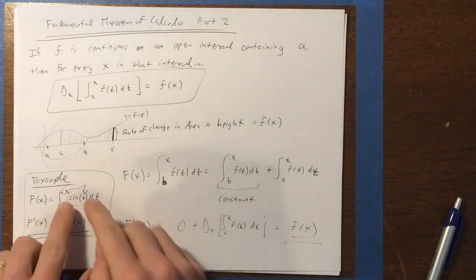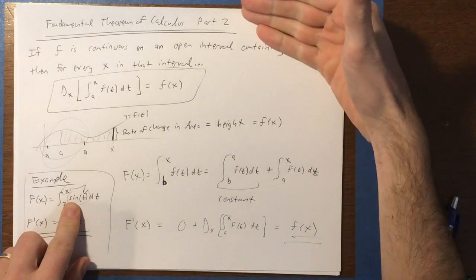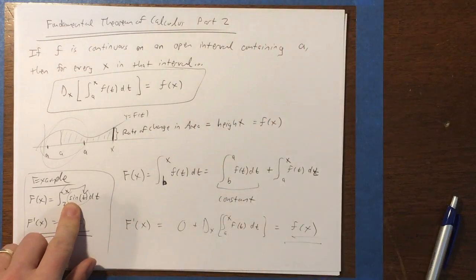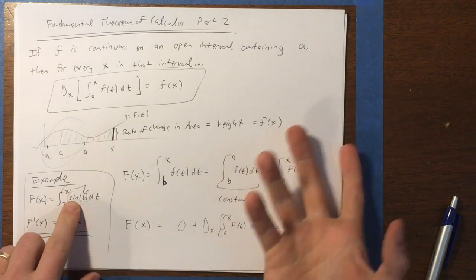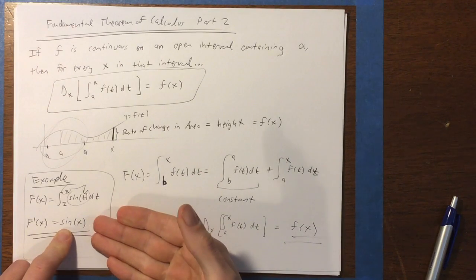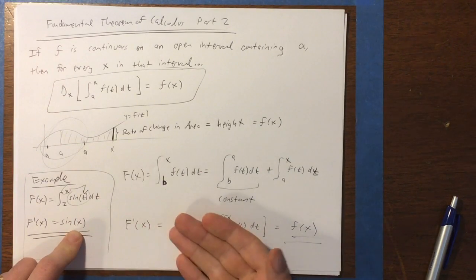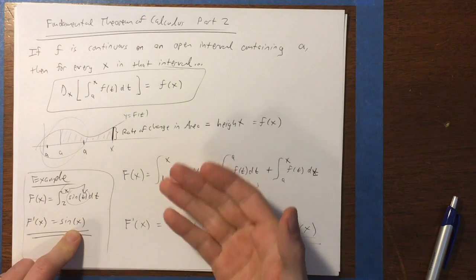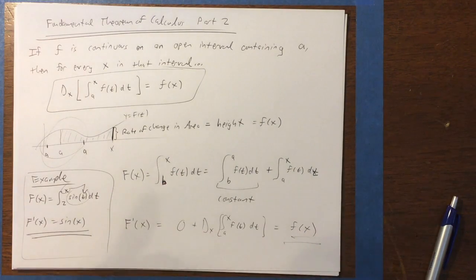Like if you took a function sine of t, you do an integral of that, and then you do a derivative of that, those two operations are in some ways inverses of each other. And so what you get back is just the original function that you started with, which was the sine function, with the x plugged in as its variable. This is basically the same thing, because whether you call it sine of t or sine of x, the name of that variable doesn't really matter. It's the same function.